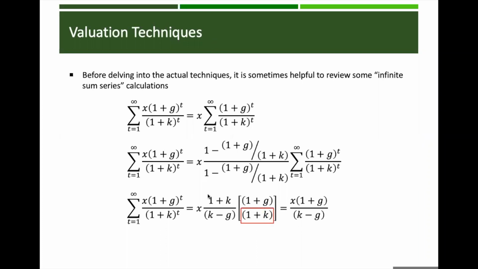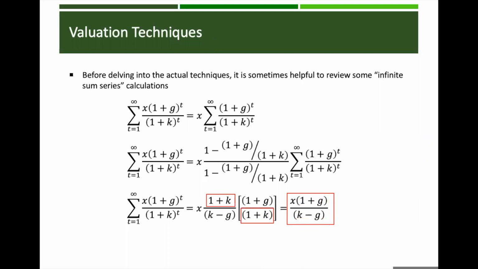That's all that remains. And on top of that, (1 + k) divided by (1 + k), I'm left with the simple ratio of (1 + g) all over (k - g).